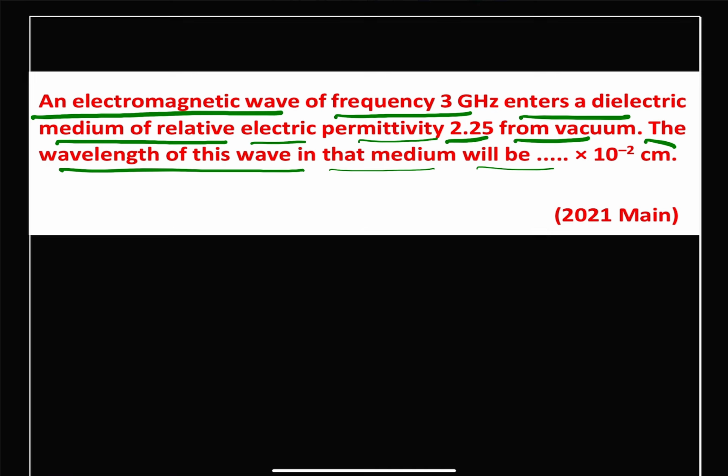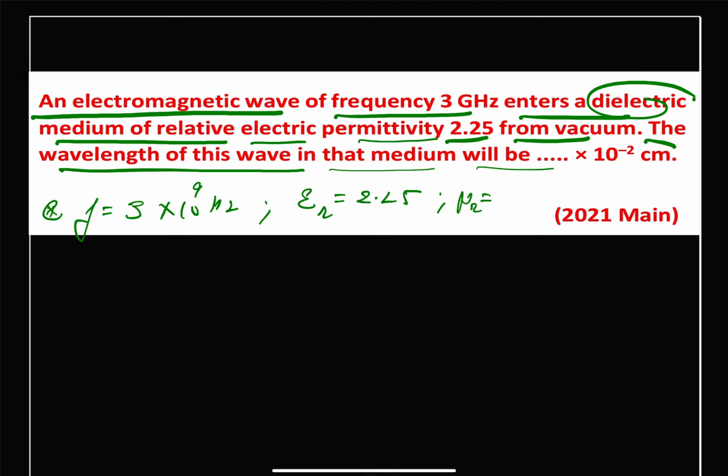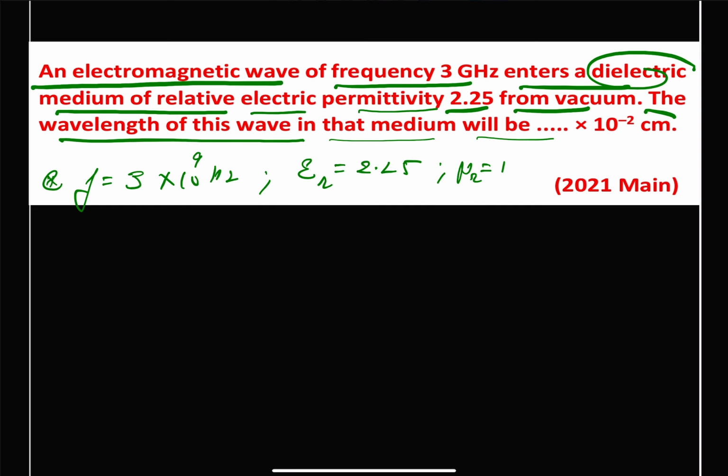So here once again we are given frequency, which is 3 GHz, so 3 into 10 to the power 9 Hertz, and relative electric permittivity is given to us, that is our epsilon r is 2.25, and it enters a dielectric medium, so we can say it is non-magnetic, so mu r will be equal to 1, and it is incident from vacuum.